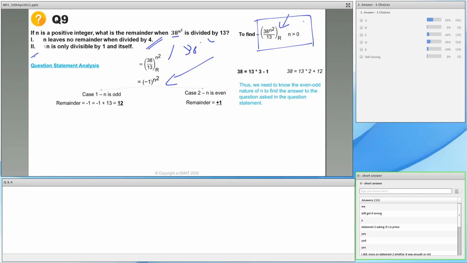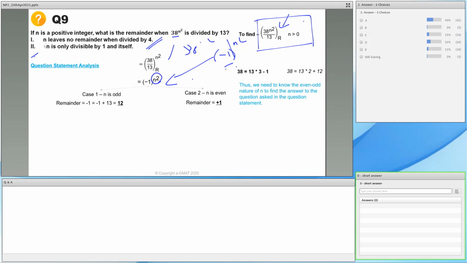So can you see that this boils down to minus 1 to the power n square? Eventually it's minus 1 to the power n square. When it's divided by 13, what is the remainder? What it really comes down to is this minus 1, and more specifically n square. Because minus 1 to the power of an odd number is minus 1. Minus 1 to the power of an even number is plus 1.